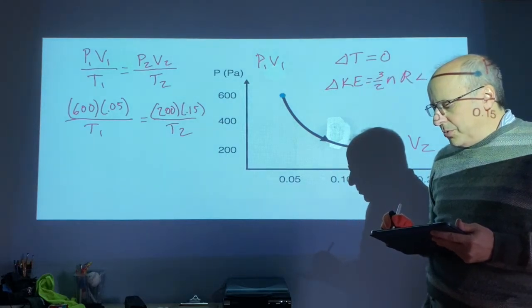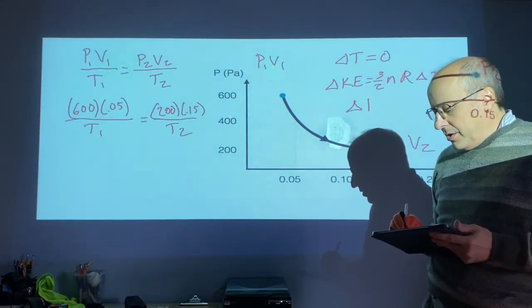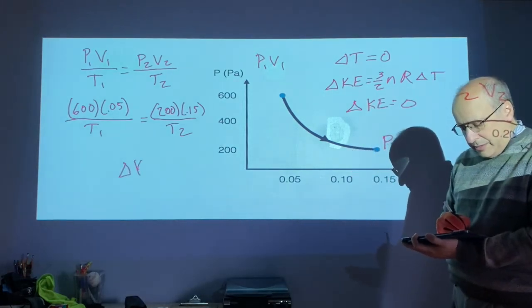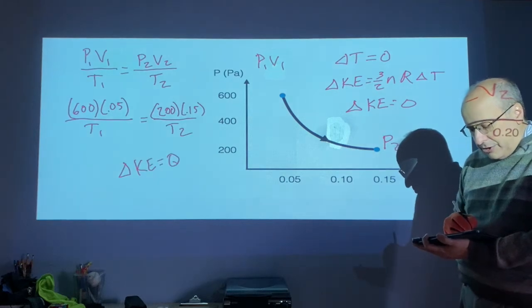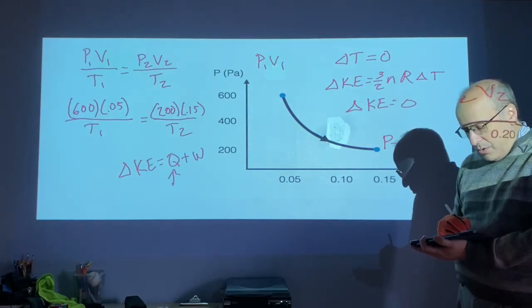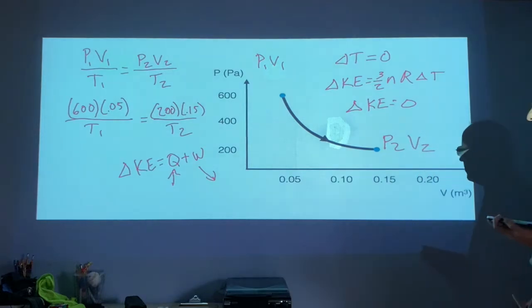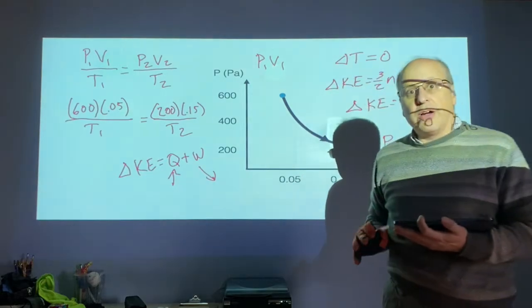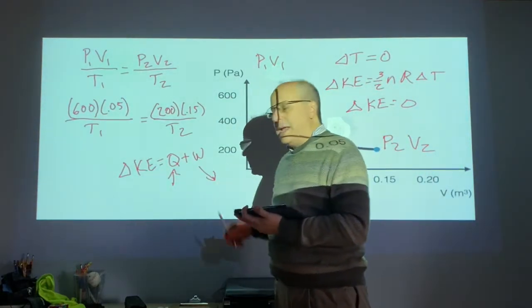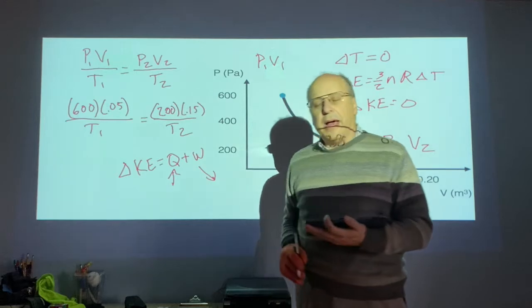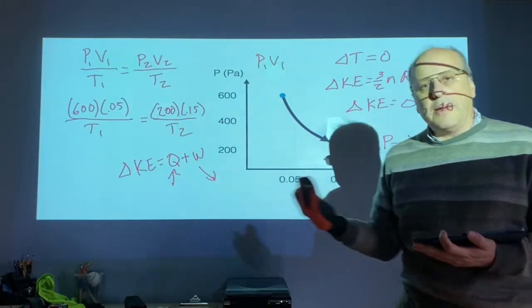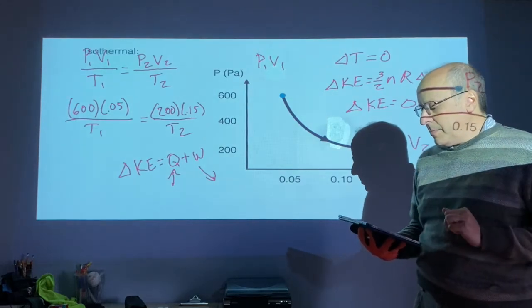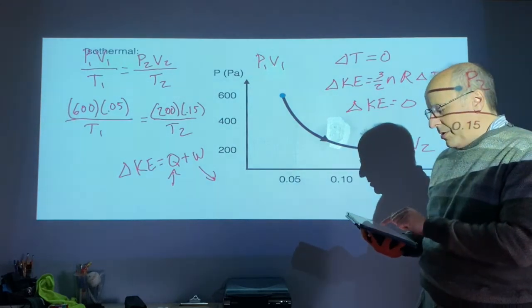So it makes it super easy to deal with. Your change in kinetic energy is 0, which means any energy that enters as heat will leave as work. Okay, since this is 0, this plus this has to equal 0. So if heat went in, work came out. If work went in, heat came out. Equal amounts to keep the temperature and the change in kinetic energy 0. Okay, and that's called the isothermal.